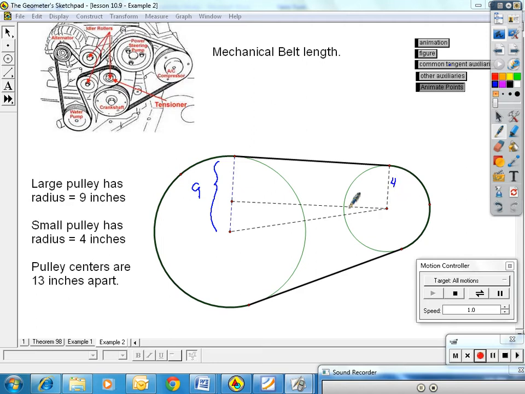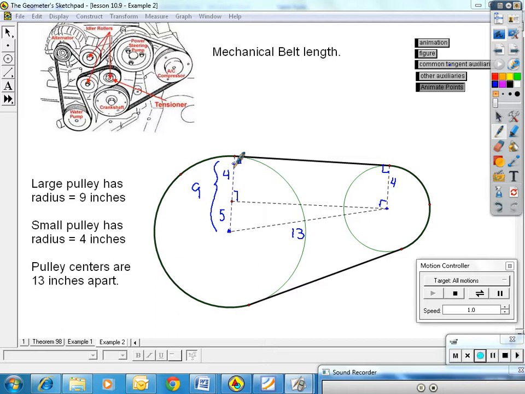So if this line here is drawn parallel with my tangent, this is going to be 4, leaving me with 5 there. This isn't quite to scale, as you can see. My pulley centers are 13 units apart, so that makes this 13. And since a tangent to the radius is perpendicular, that means this is a rectangle right here.